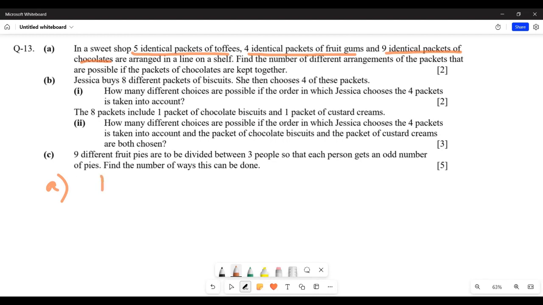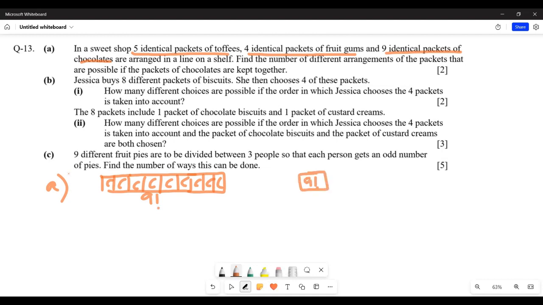Okay, so we're going to keep chocolates together. So that's going to be 9 chocolates. 1, 2, 3, 4, 5, 6, 7, 8, and 9. 9 chocolates, 9 spaces, 9 factorial. We're going to consider this as 1 chocolate.